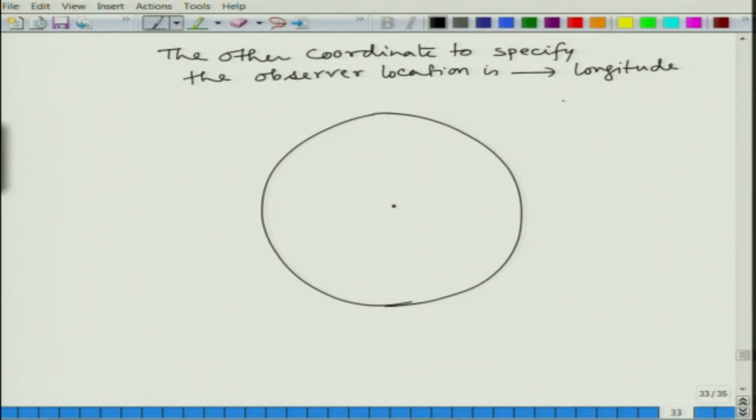So, this is the center of the earth again C, and now these are two poles. This is your north pole and this is your south pole. Now, what you can do? You can draw a line joining this north and south pole, not cutting through, but on the surface of the earth.